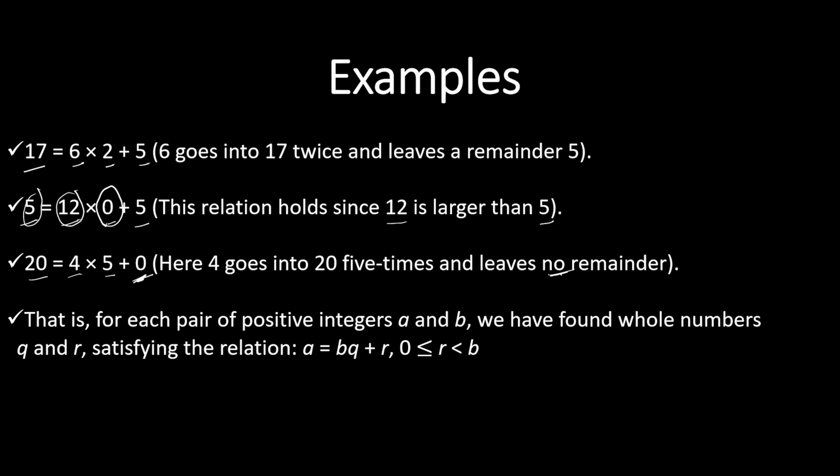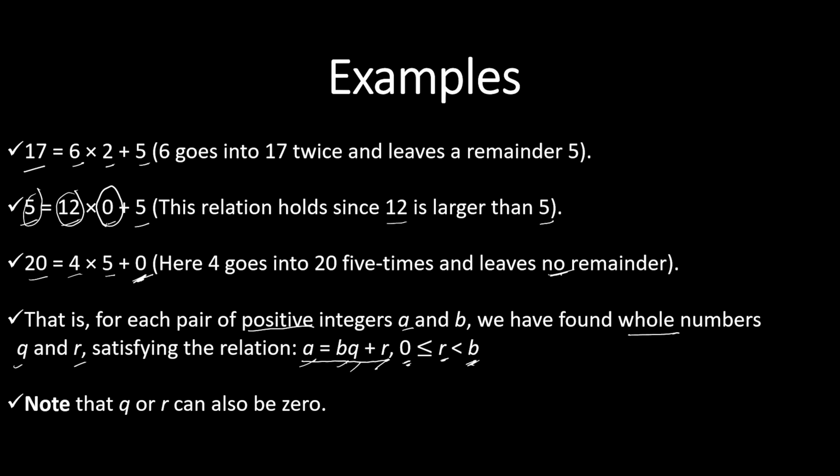So for each pair of positive integers A and B, we have found whole numbers Q and R satisfying A equals BQ plus R, where R has to be greater than or equal to 0 but less than B. So the dividend will always equal divisor into quotient plus remainder, and the condition is the remainder has to be greater than or equal to 0 but less than the divisor.